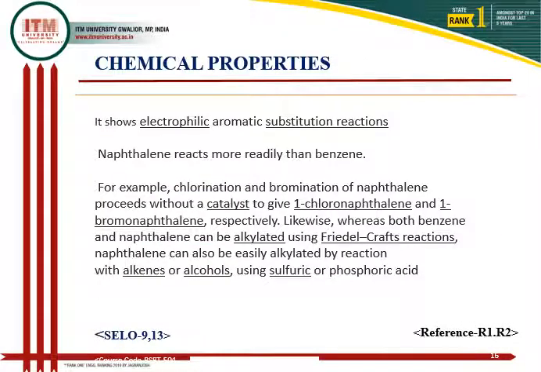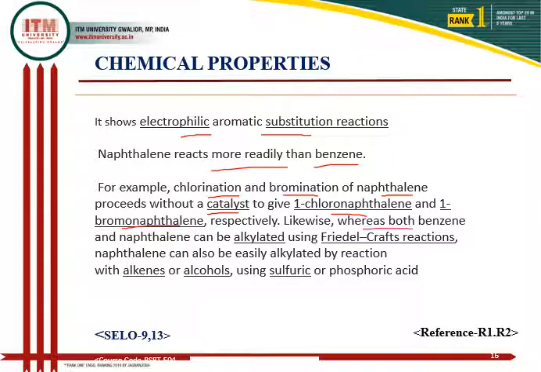The chemical properties of naphthalene are similar to the aromatic hydrocarbons, as it shows electrophilic aromatic substitution reactions. But if we compare benzene and naphthalene, naphthalene reacts more easily and readily than benzene. In the chlorination and bromination substitution reactions of naphthalene, it readily proceeds without a catalyst, whereas benzene needs the presence of a catalyst, to give the products 1-chloronaphthalene and 1-bromonaphthalene.